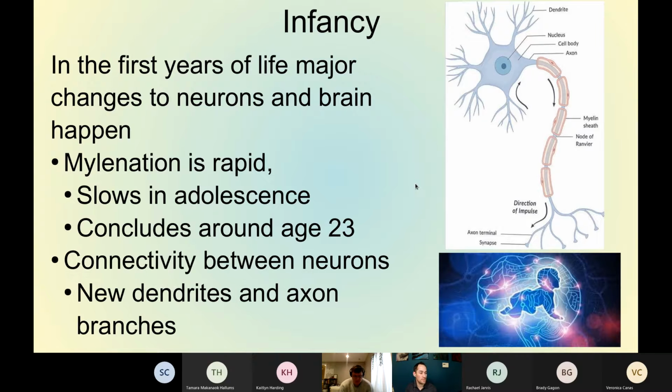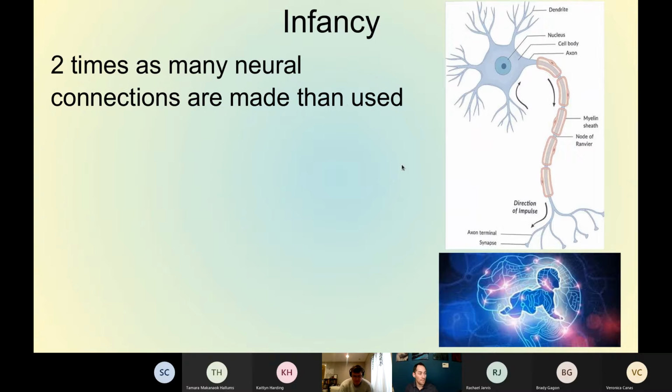The connectivity between neurons with their axons and dendrites is always changing with plasticity. So at about age 2, we have about twice as many neural connections than we will ever use. So at that point, by age 2, we've got so many more neural connections, and then we prune a bunch away, only the ones that we're using.